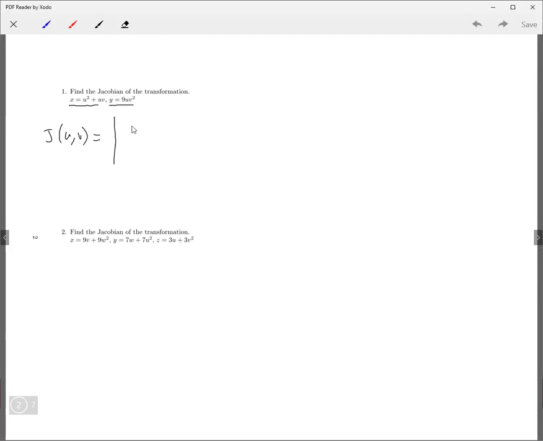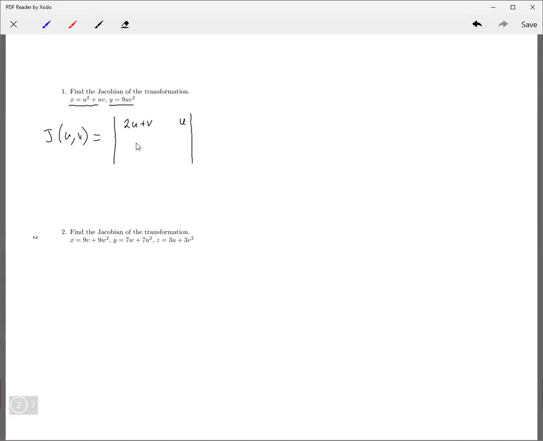So what's the partial of x with respect to u? 2u plus v. Excellent. And then partial of x with respect to v? It's just going to be u. Good job.